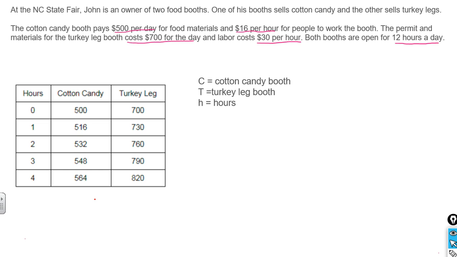If we look at putting these into equations, we would first have C, which is equal to the $16 per hour, which was given to us in the original problem, plus the $500 per day for the food materials. For the turkey leg booth, it costs John $30 per hour plus the $700 per day for the permit and materials for that booth.